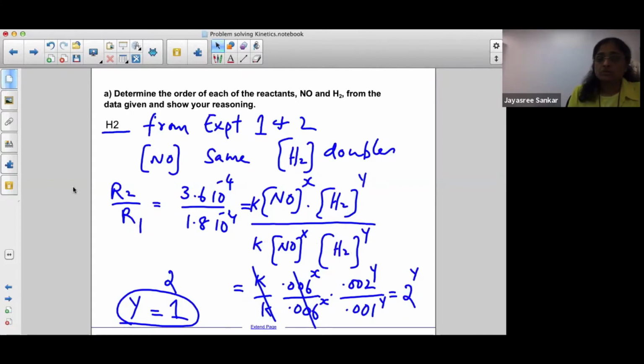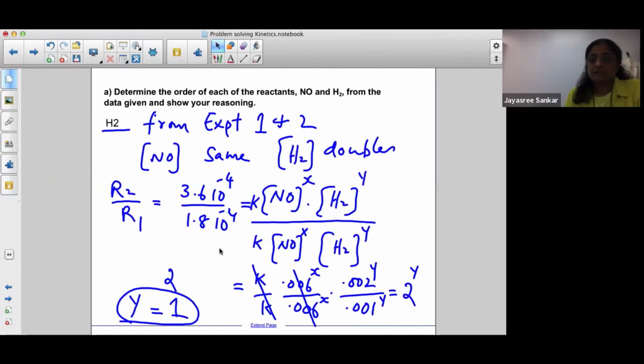When you simplify that, you can see that R2 over R1 is 2. K gets cancelled because the rate constant is the same, and NO to the power X over NO to the power X also cancels, because it's the same concentration for the NO, 0.06.